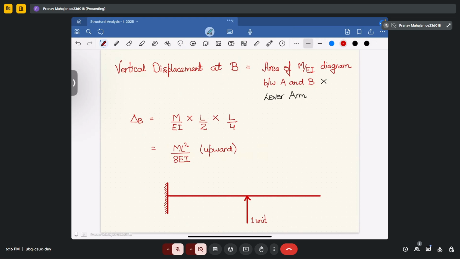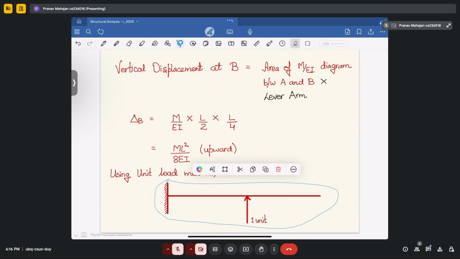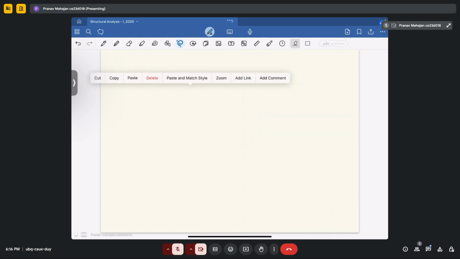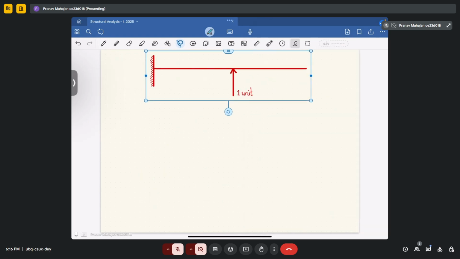Okay, so using unit load method, now we have to draw the bending moment diagram for this case. I am copying this diagram in the next page. If we try to make the diagram for this, how it will look like?